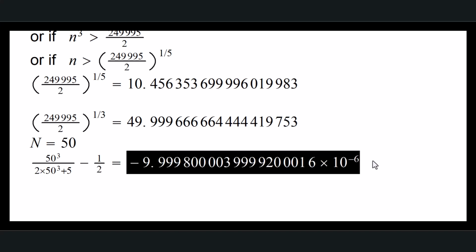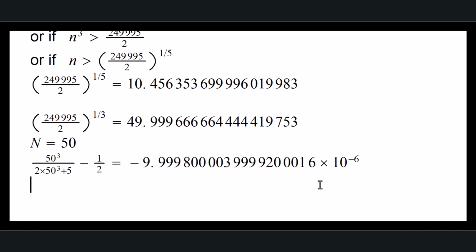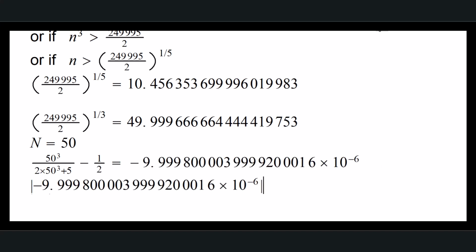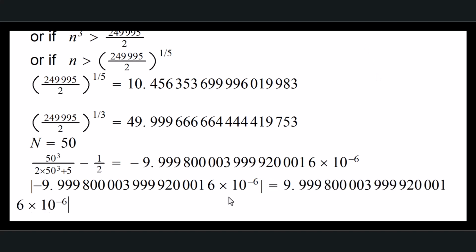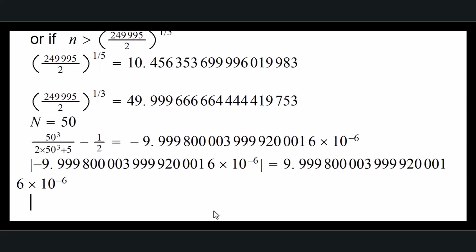If you took the absolute value of this quantity, that will definitely be less than how much? Less than 1, or let's just look at this here. So we got this times 10 to the negative 6, and that is in scientific notation.